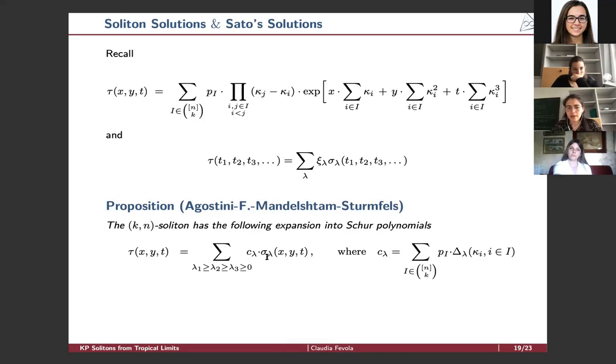What one needs to do is, first of all, allow non-zero elements just on the first three elements of the partitions, and then the C lambda will be some coefficients expressed in this way. I'm skipping some details, but the idea is that the first one can be expanded into the second one.